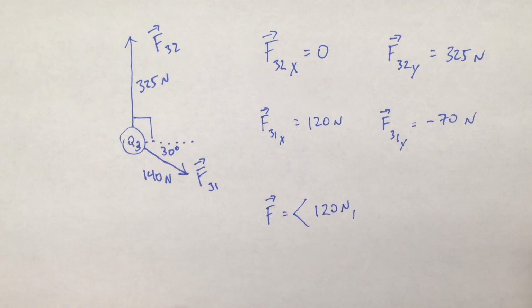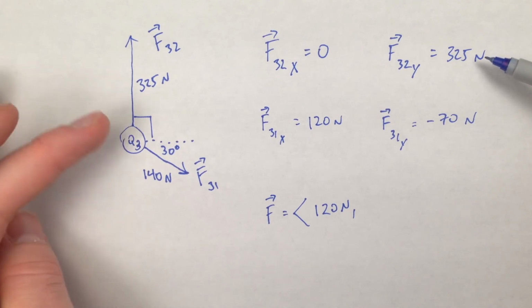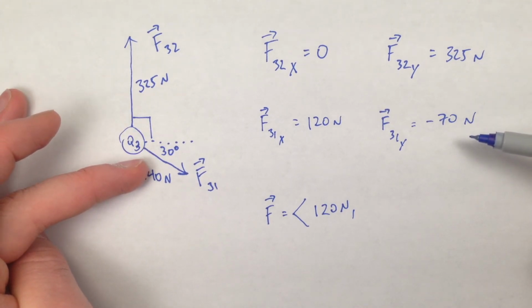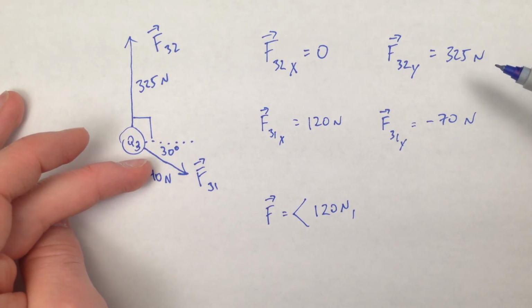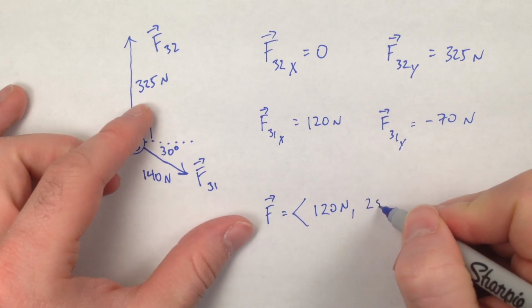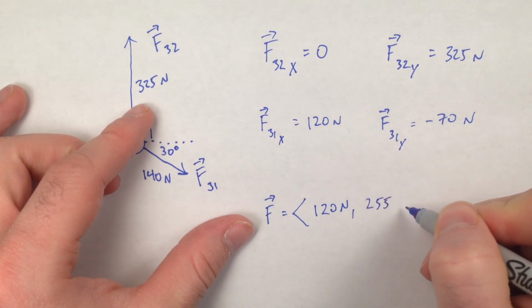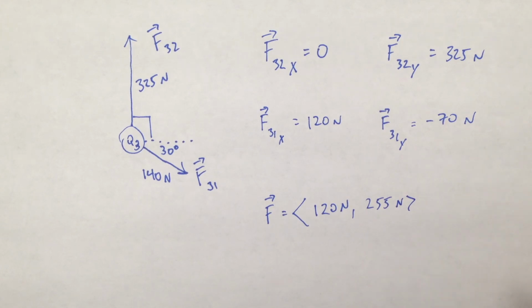Okay, what about for the Y component? Well, this has a lot of vertical, 325, and this one only comes down half of 140, that's 70. So 325 minus 70 is 255. All right, so that would be the X and Y components of the resultant vector: over 120, up 255.